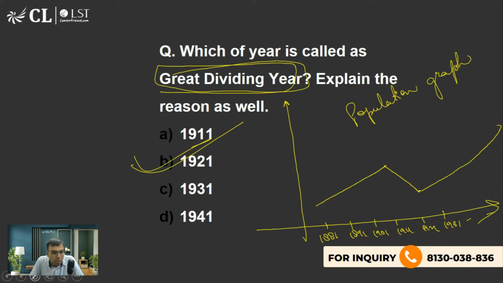So 1921 में पॉपुलेशन डिप हुआ, मतलब 1911 के कंपैरिजन में. As compared to 1911, we have seen a population dip in 1921. It went like this.